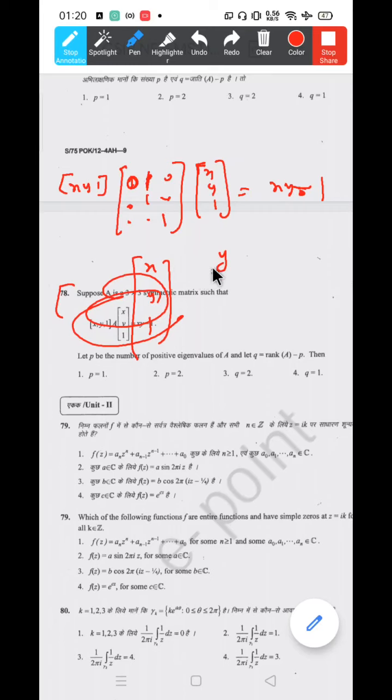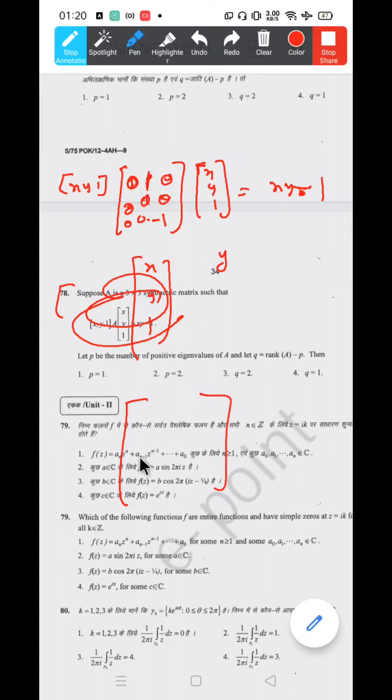Okay, we got xy. Other terms we want minus 1. So in the last, put minus 1 here and put everything else 0. So this is your matrix. I think this satisfies. Let us check.